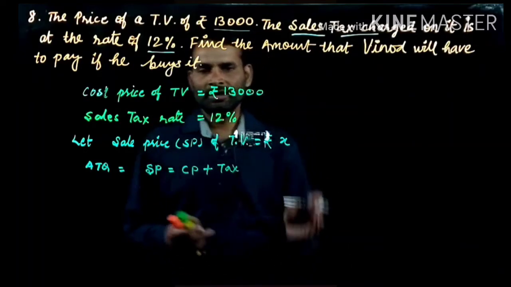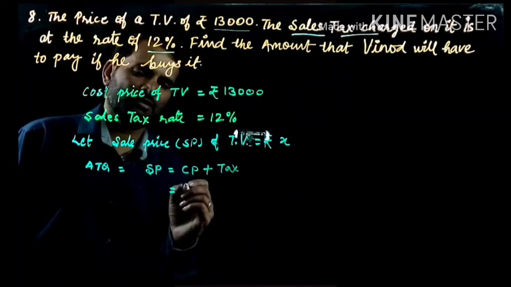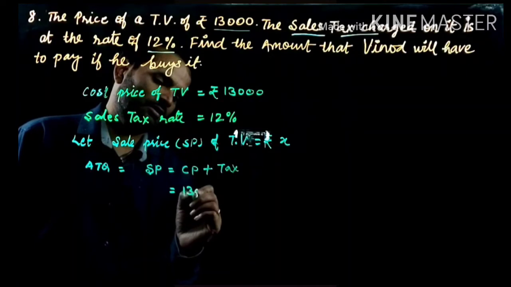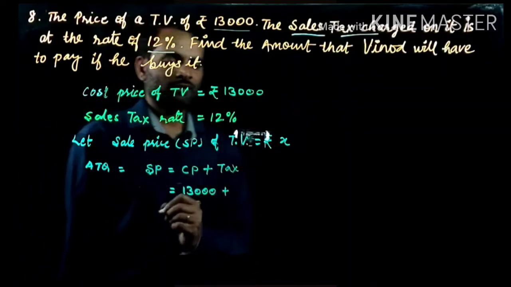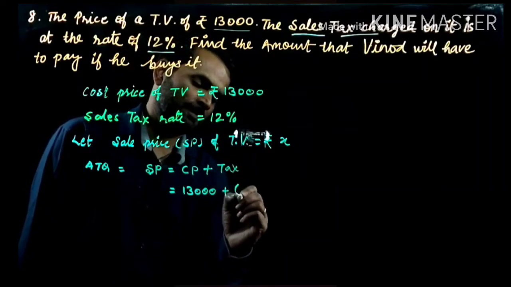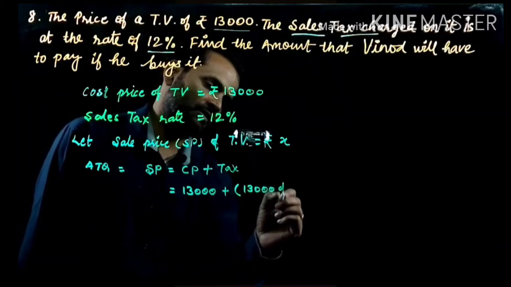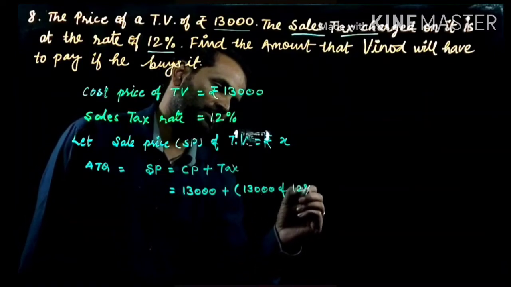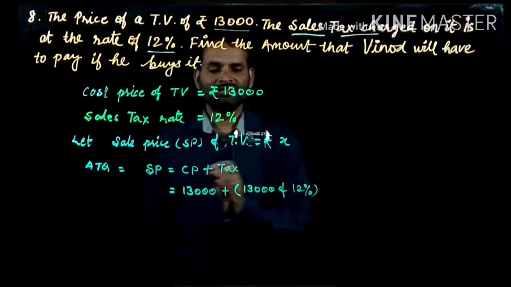Then after the selling price, SP is given as 13,000 plus tax, sales tax is 13,000 of 12%. Tax is on the CP.